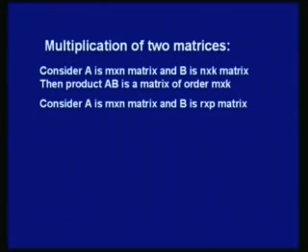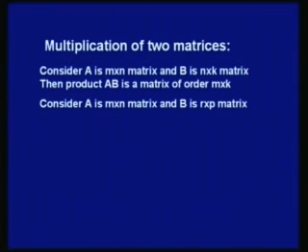Next is multiplication of two matrices. Consider a matrix A as an m by n matrix and the matrix B as an n by k matrix. Then the product of two matrices A and B, denoted by AB, is a matrix of order m by k: m the rows of the first matrix, k the columns of the second matrix.